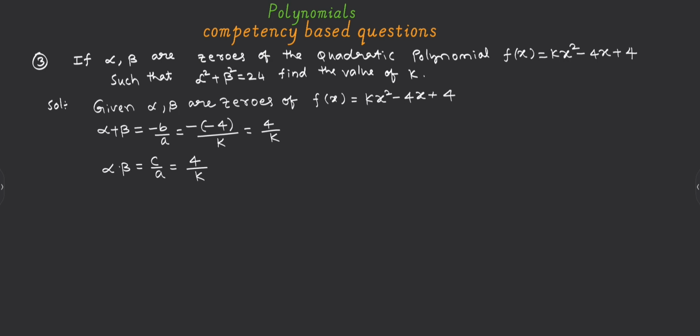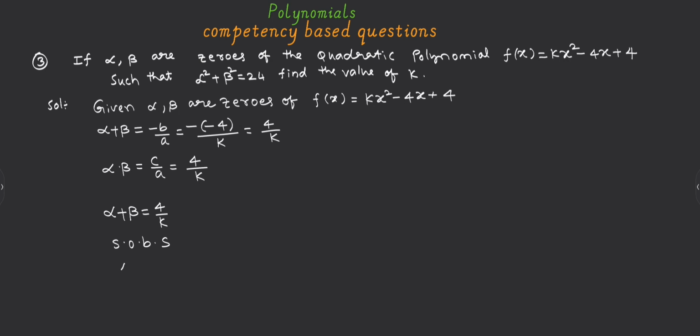Now after this, it is also given that alpha square plus beta square is equal to 24. That we use here. Now we take the sum of zeros value: alpha plus beta is equal to 4 by k. Then do squaring on both the sides.